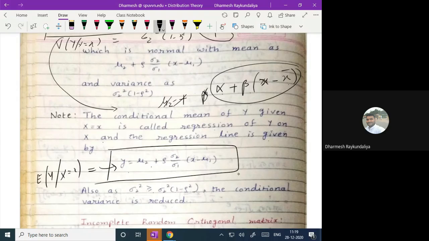What it means is that when you find the conditional variance of y, the variance always reduces. The original variance of y is sigma 2 square, but the conditional variance is lesser than the original variance. So it is always advisable that the conditional variance is lesser.